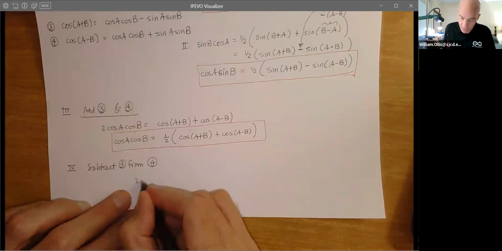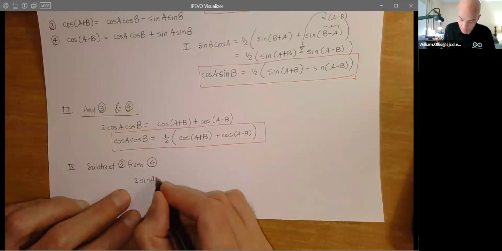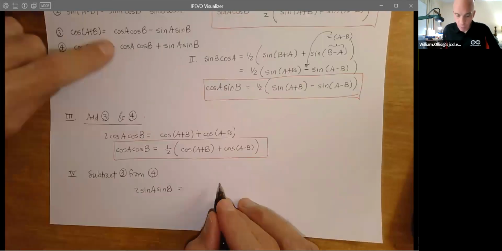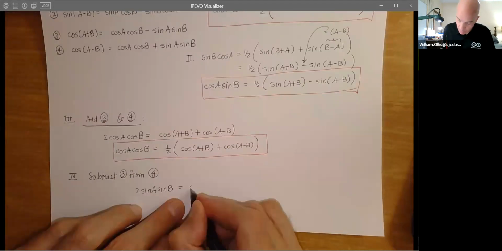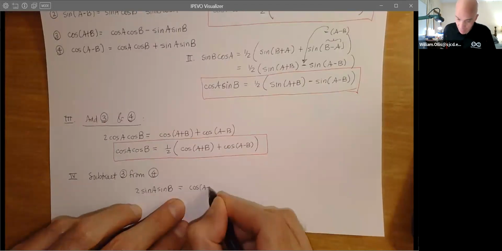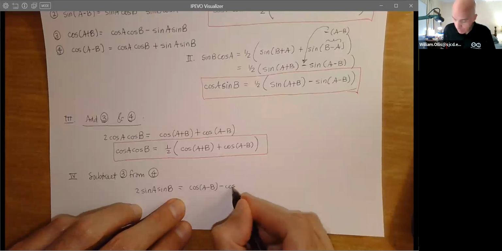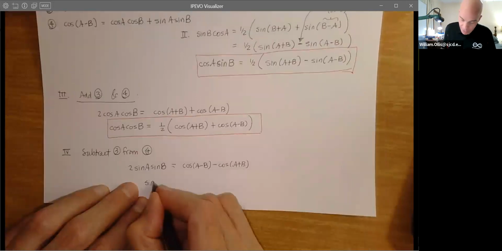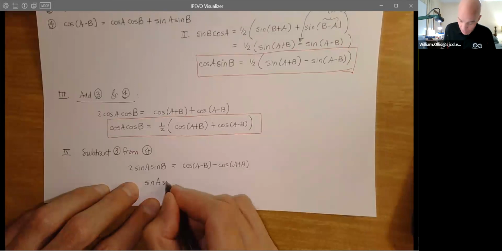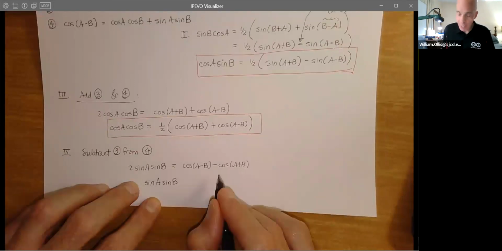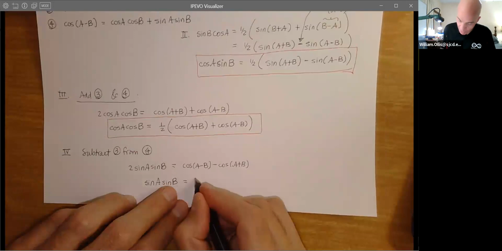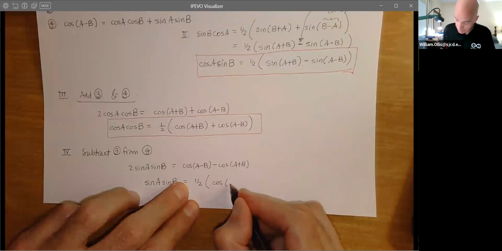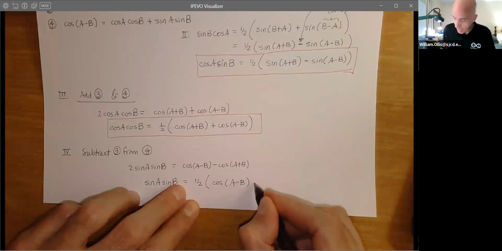So we get 2 sine A sine B. The cosines absorb, and we have cosine A minus B minus cosine A plus B. Now divide by 2. So the product of the sines with possibly different arguments, say sine of 2x times sine of 4x maybe, is 1/2 [cosine A minus B minus cosine A plus B].